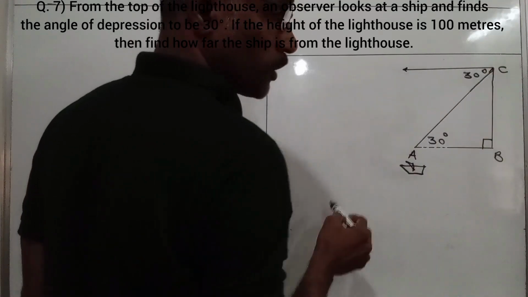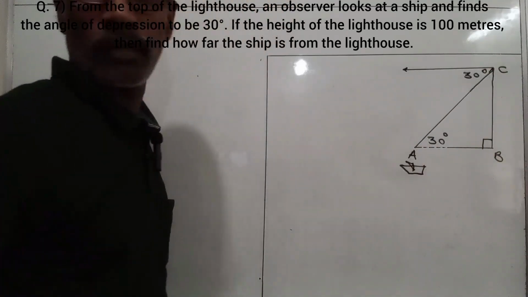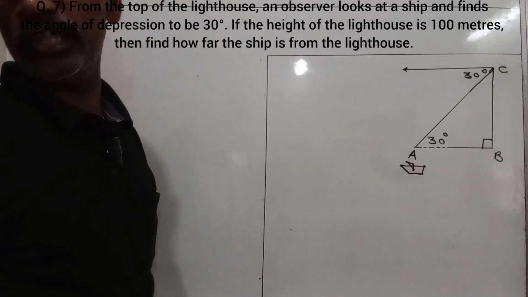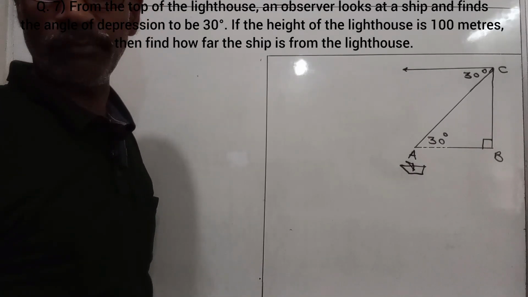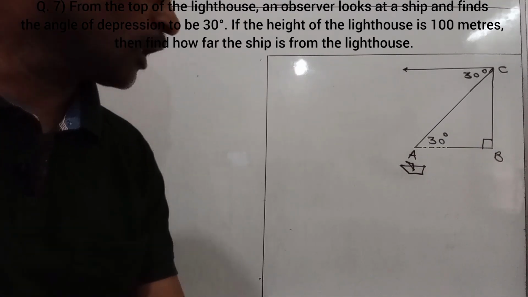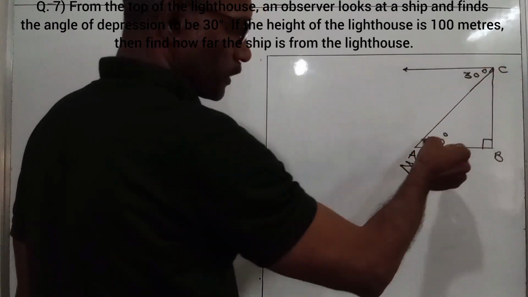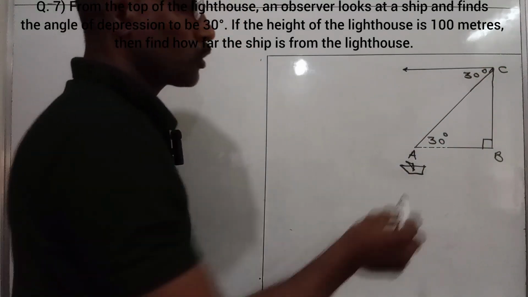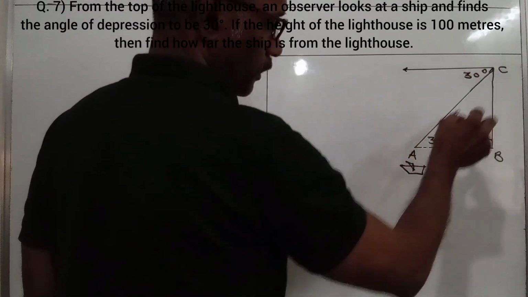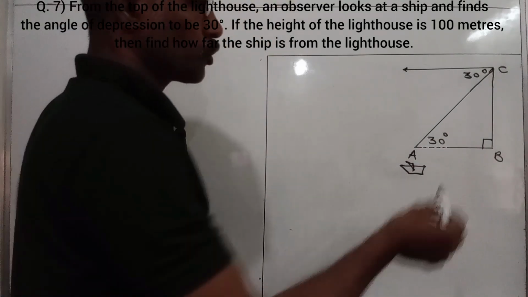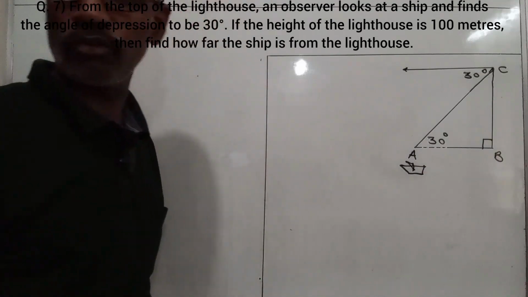Now this line of vision and this ground are always parallel to each other, as I told you many times. These are parallel and AC is a transversal, so this angle and this angle are alternate angles, and alternate angles are congruent.